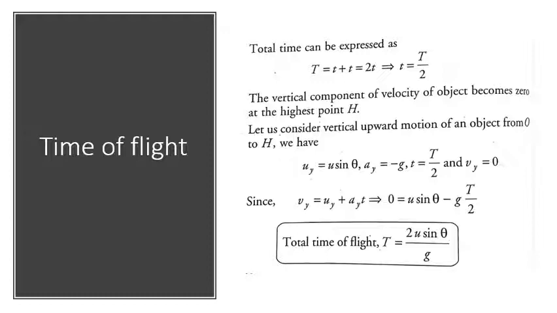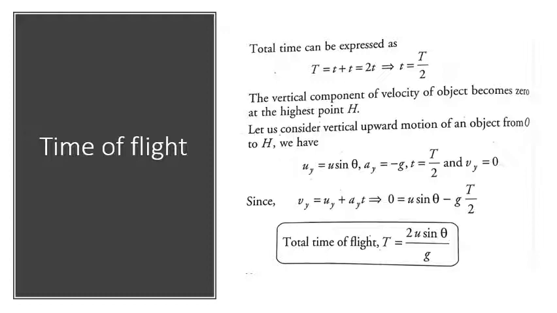It is denoted by capital T. Okay, I repeat, it is defined as the total time for which the projectile is in flight. That is, the time during the motion of the projectile from the origin O to B. That is the final point. Okay, fine.